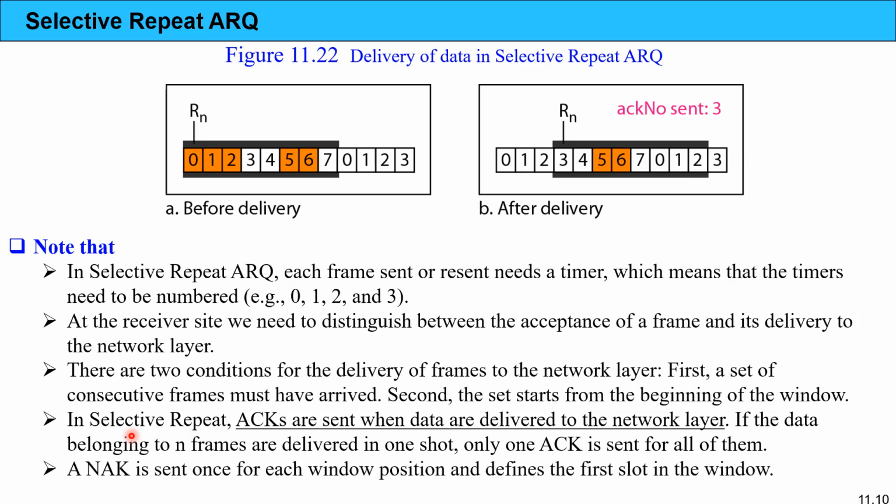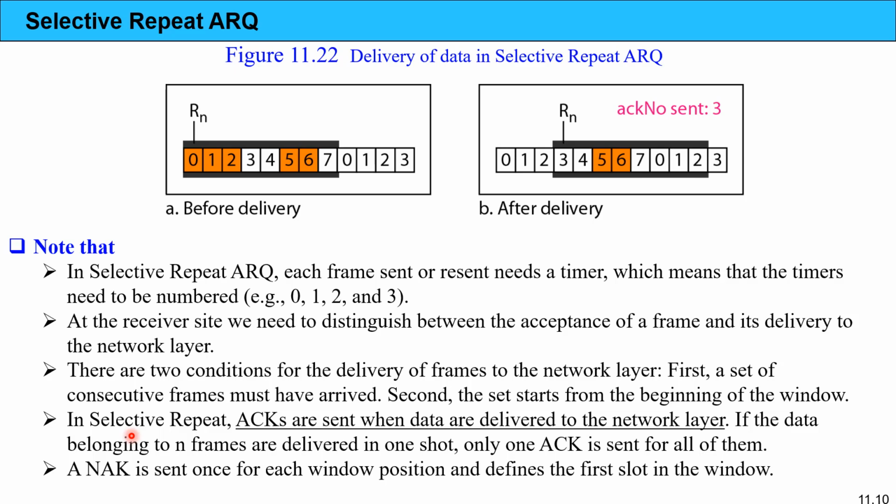Last note: the not acknowledgement is sent only once. So if I receive the same frame with multiple errors, I will send only one not acknowledgement. I shouldn't resend a not acknowledgement again. A not acknowledgement is sent once for each window position, and its number is equal to the first slot of the window.